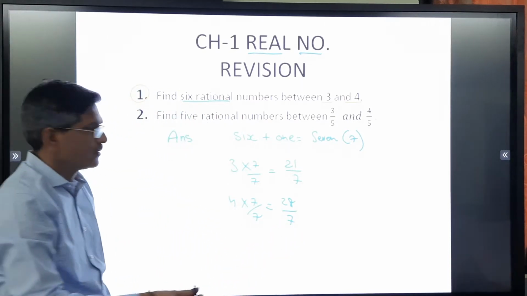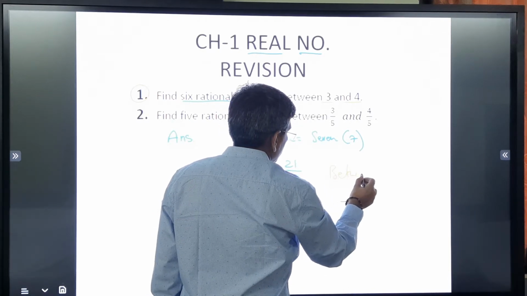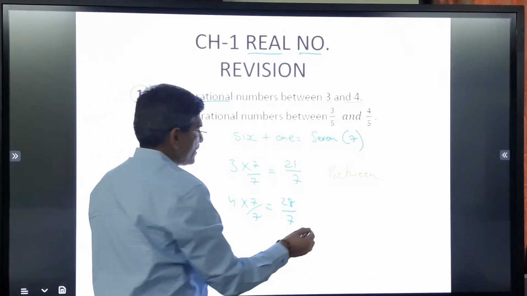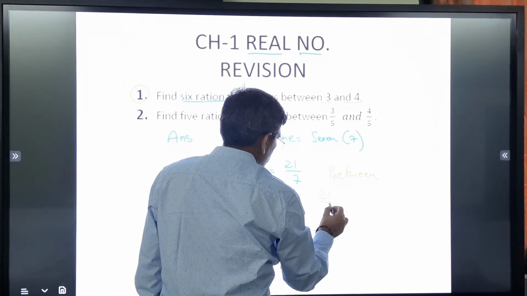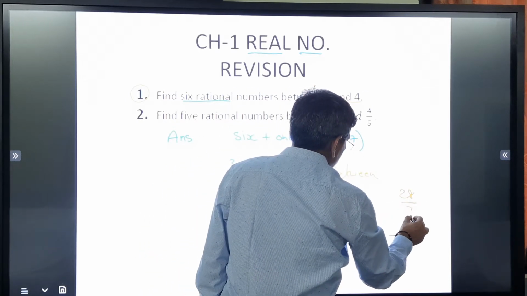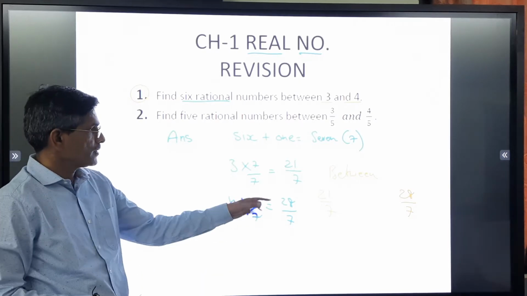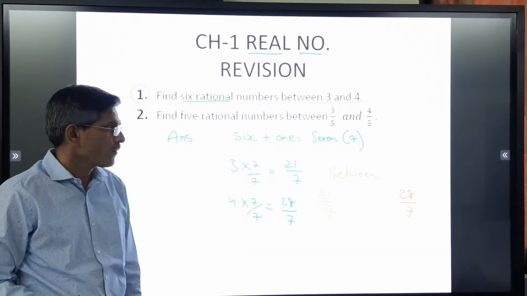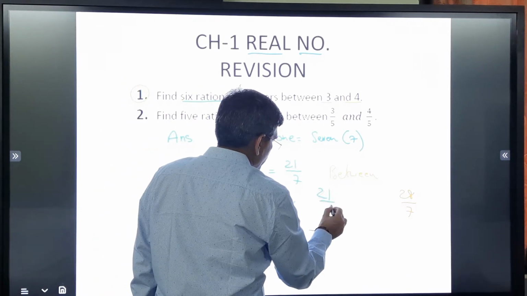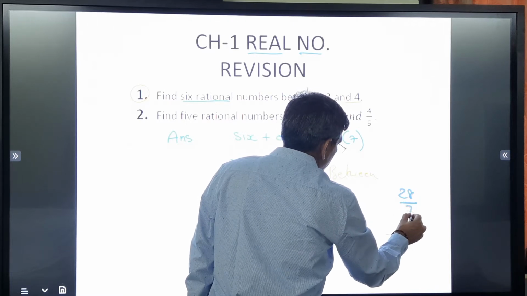So now between 21 upon 7 and 28 upon 7, we have to find out the numbers.